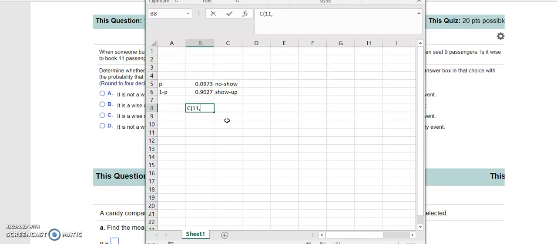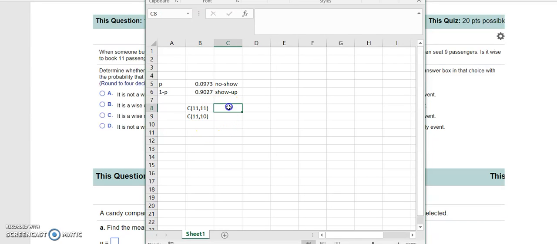Sorry, it's a bad idea if everyone shows up, which is a combination of 11, 11. And it's also a bad idea if 1 person doesn't show, so 10 people show up. It's still a bad idea. But if 9 or less people show up, it's a good idea.